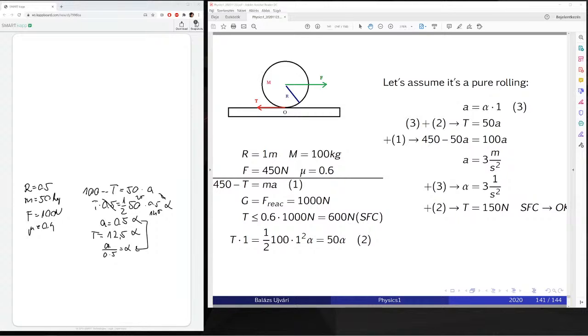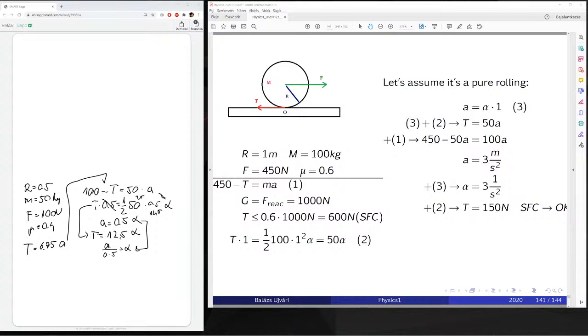So this is T equals 6.75 times A. Let's go back with this T here.